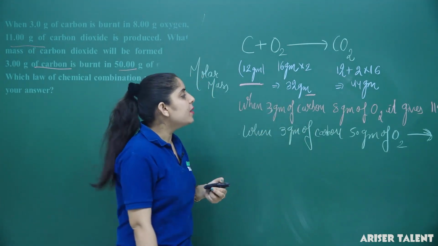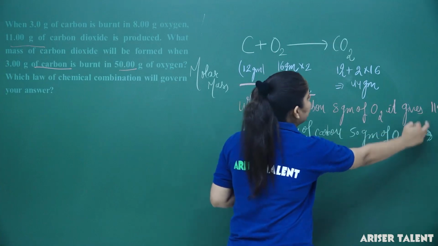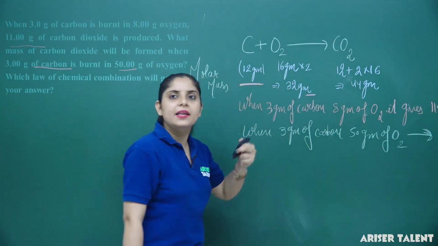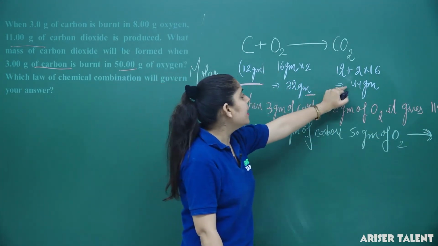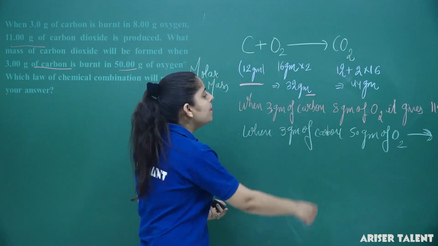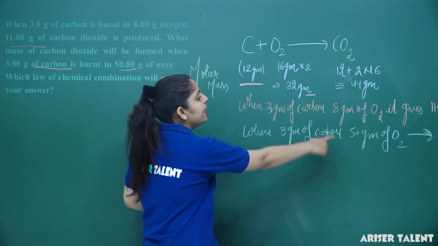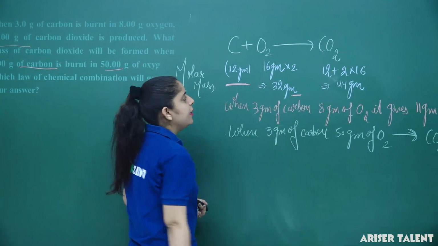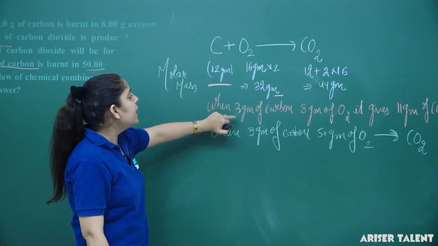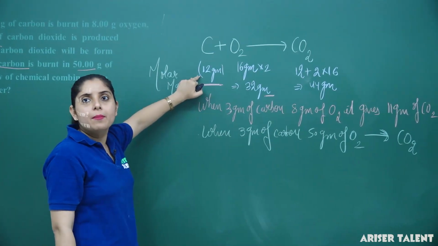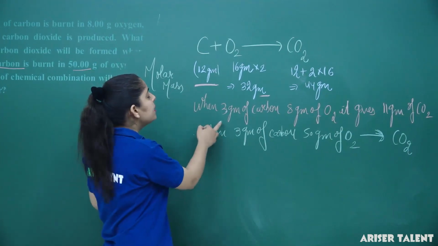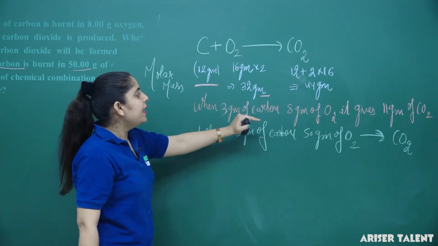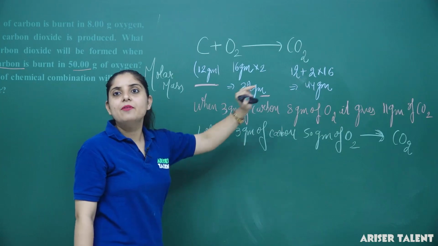Clear? So, you can see that here I am getting 11. Here we are getting the 11 and here we are getting the 44. If I am comparing these two quantities, here it is 8 gram and here 32 gram. Here 3 gram and here we have the 12 gram. So, you can see that 3 fours are 12, 8 fours are 32 and 11 fours are 44.